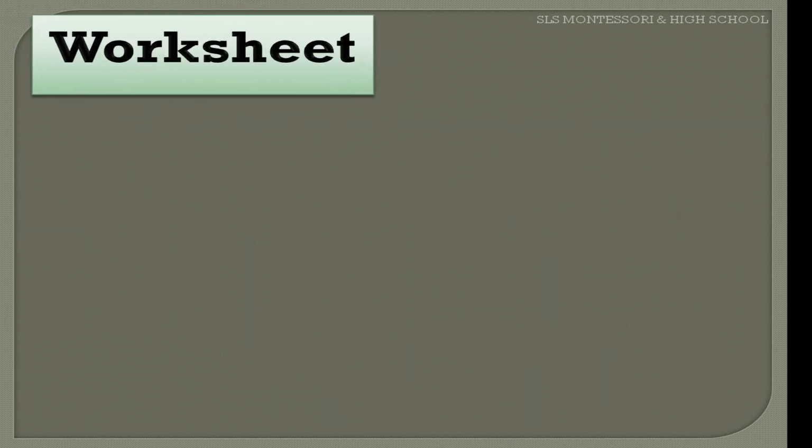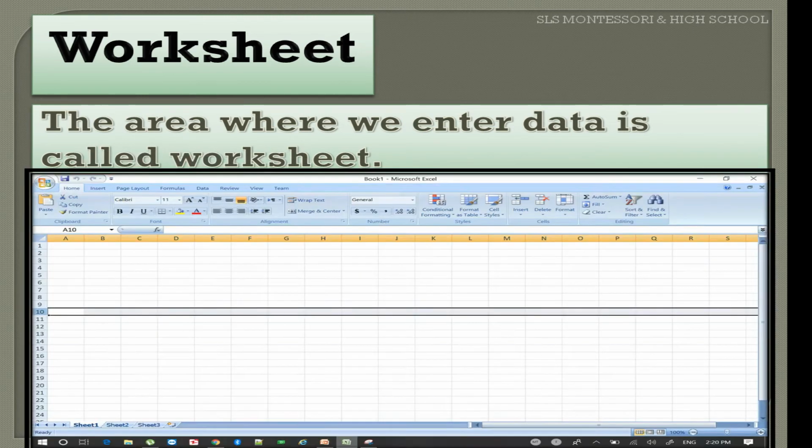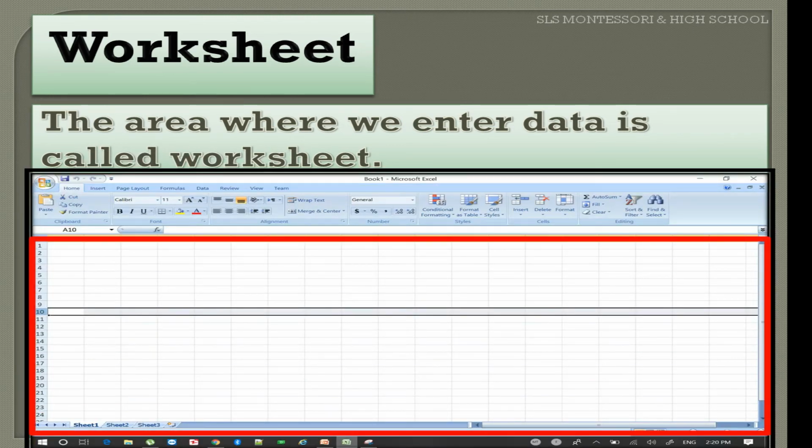Now, what is worksheet? The area where we enter the data is called worksheet. This is the worksheet shown in the picture. Each worksheet is indicated by its name, just like this is sheet number 1, this is sheet number 2, and this is sheet number 3.